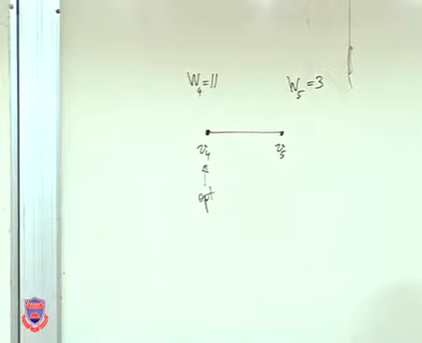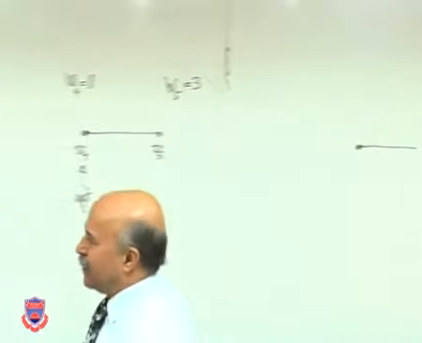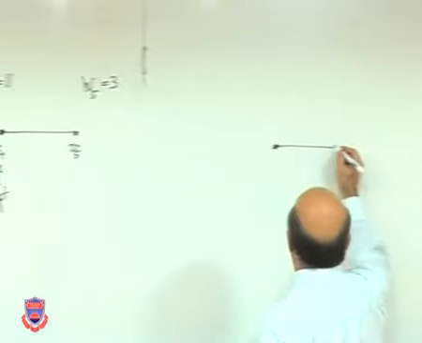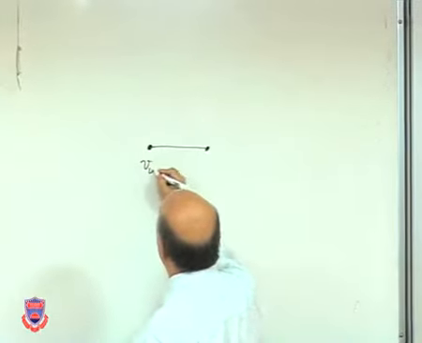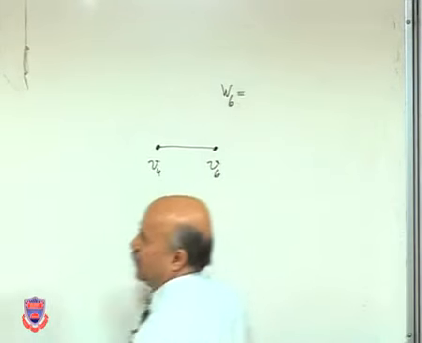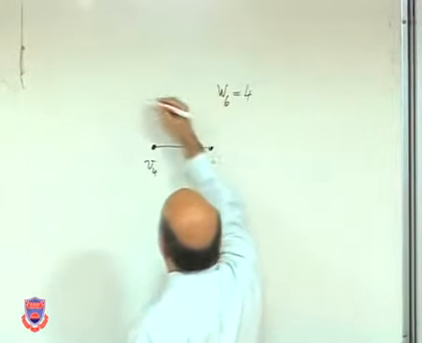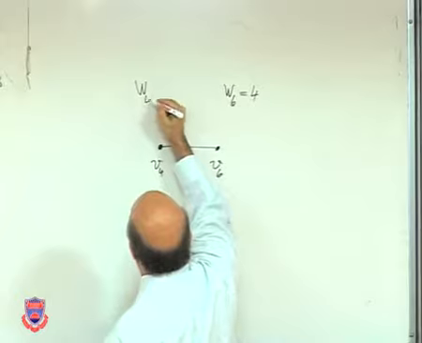What about V4 and the other one, V6? W6 would be how much? 4. And this one is how much? 10.